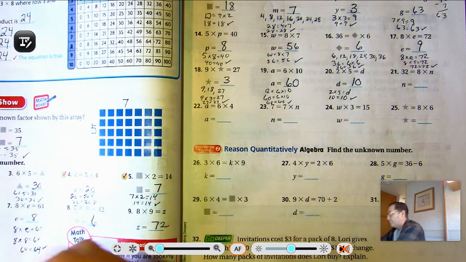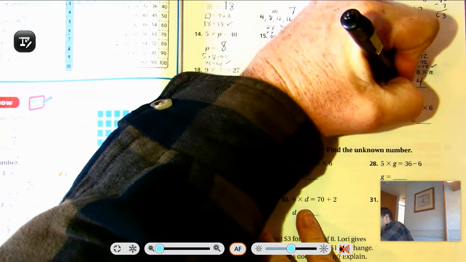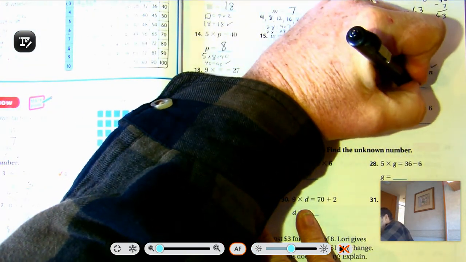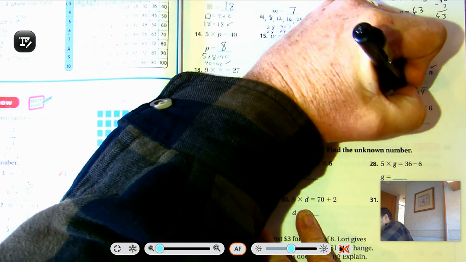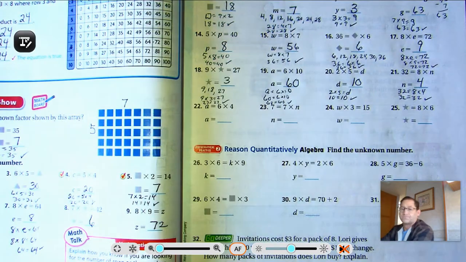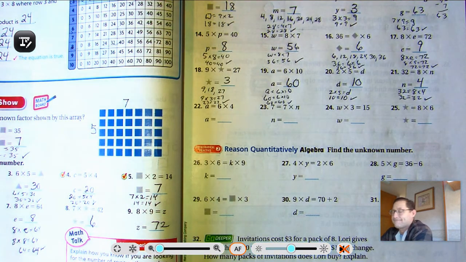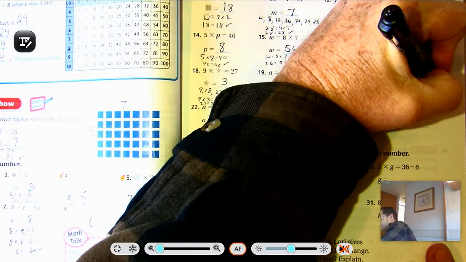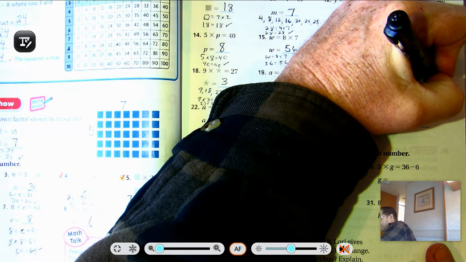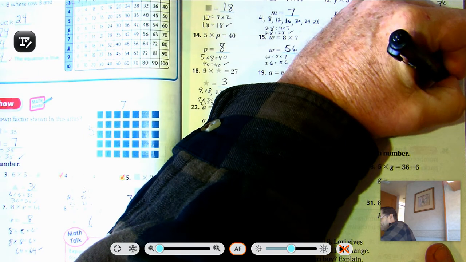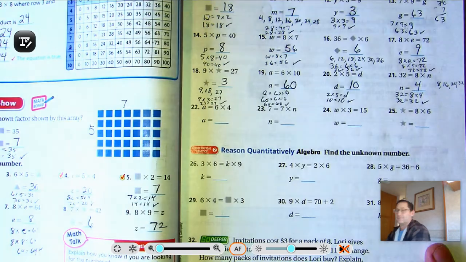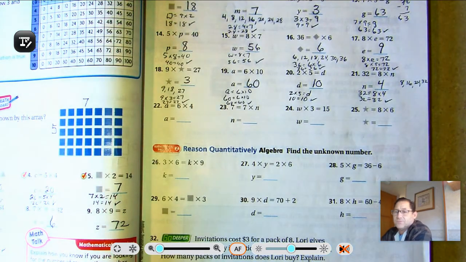So I'd have 4 in each row. 8, 16, 24, 32. I counted 4 8s.